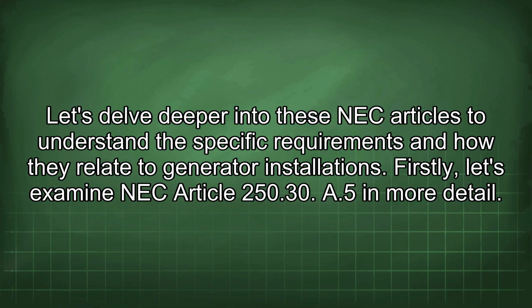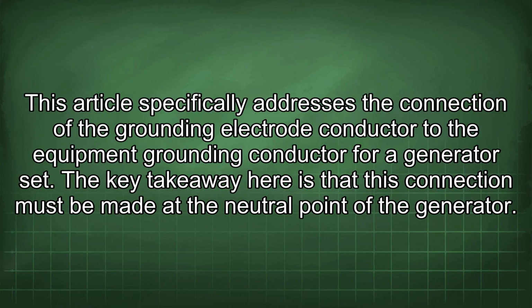Let's delve deeper into these NEC articles to understand the specific requirements and how they relate to generator installations. Firstly, let's examine NEC Article 250.30(A)(5) in more detail. This article specifically addresses the connection of the grounding electrode conductor to the equipment grounding conductor for a generator set.